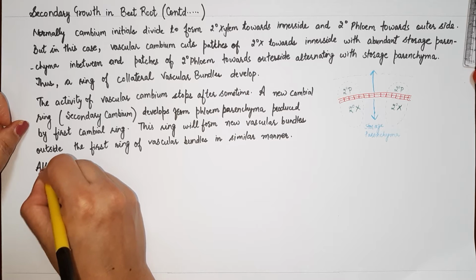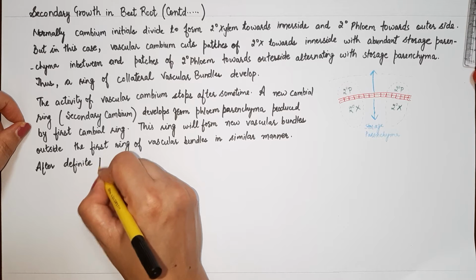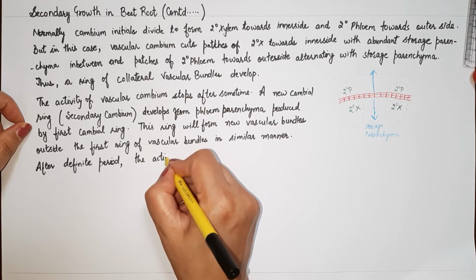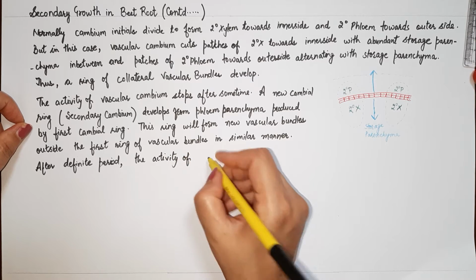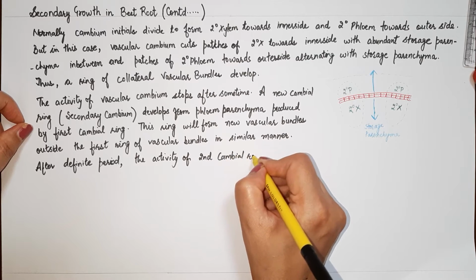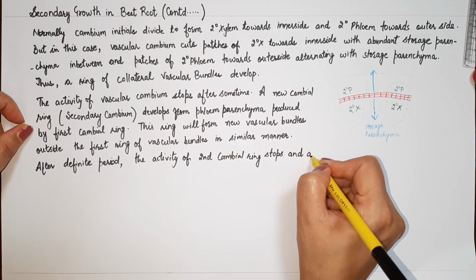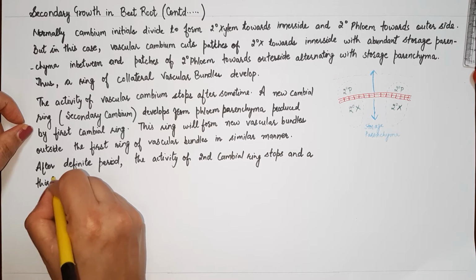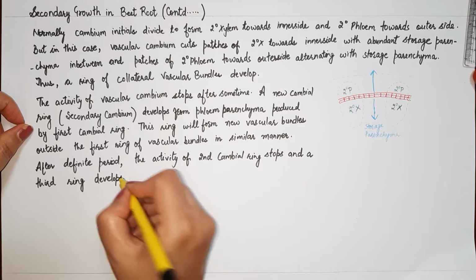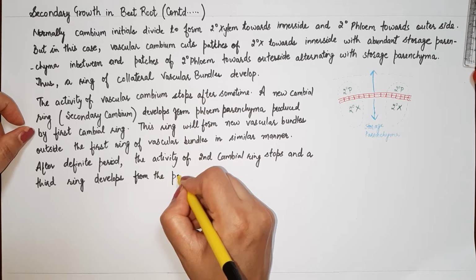So, after a definite period, the activity of second cambial ring stops and a third ring develops from the pericycle.